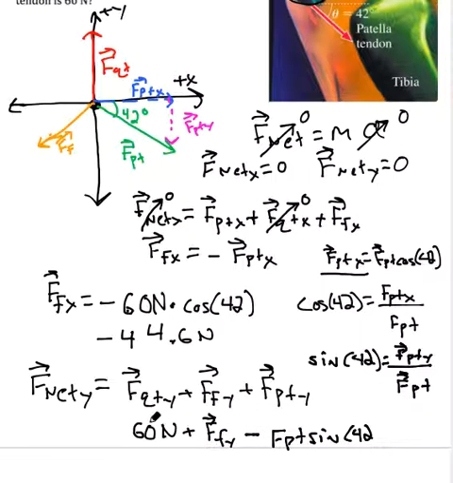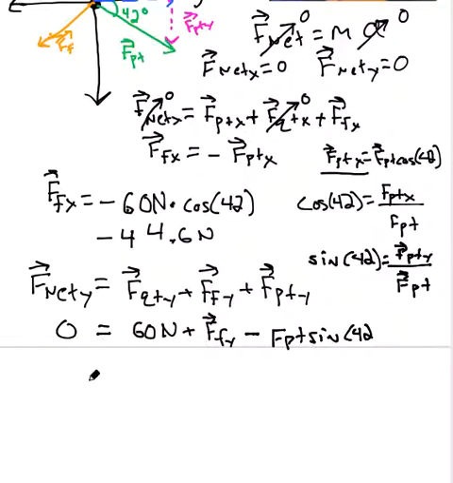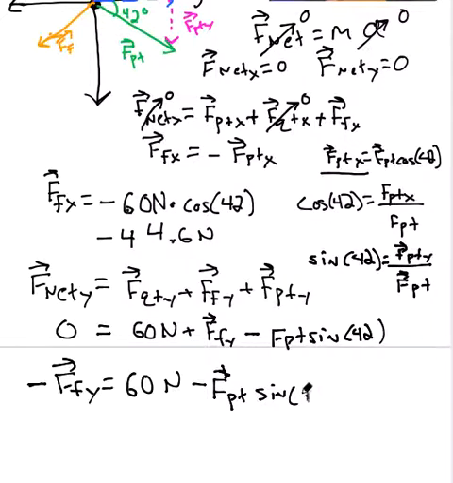And it'll be negative because it's in the negative y direction. So we can rearrange this and find that F femur y equals 60 newtons minus, this will be negative F femur y, minus F_PT sine 42.